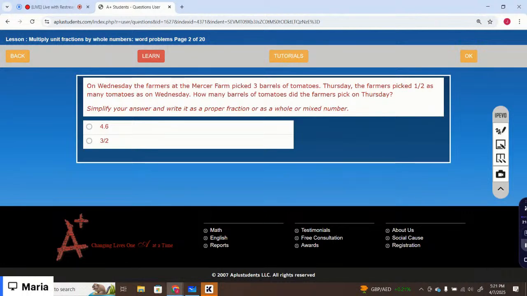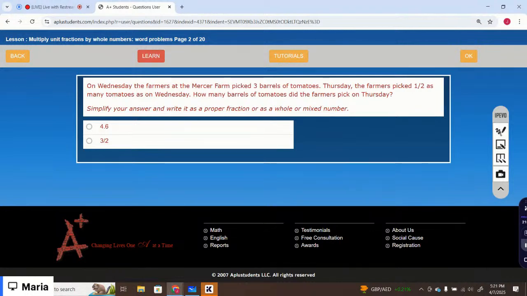On Wednesday, the farmers at the Mercer farm picked 3 barrels of tomatoes. Thursday, the farmers picked half as many tomatoes as Wednesday. How many barrels of tomatoes did the farmers pick on Thursday? So we have 3 times 1/2.